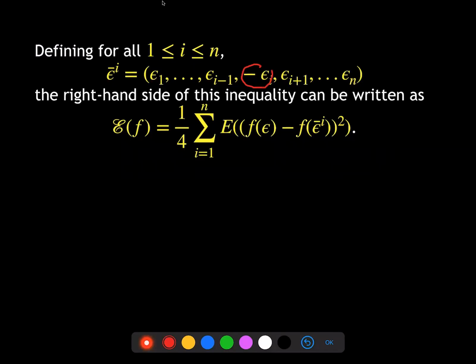And so this is easy to see that in this case, when you compute exactly the conditional variances that were involved in Efron-Stein's inequality, then they are exactly equal to the expectation of (f(epsilon) minus f(epsilon bar i)) squared.